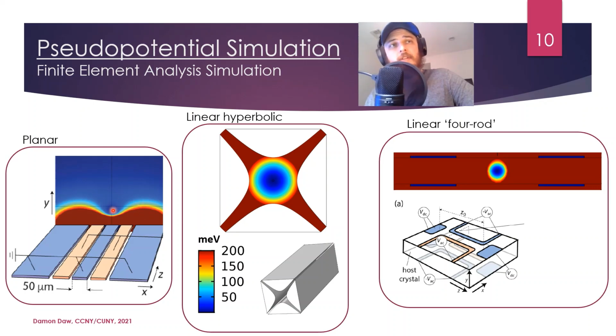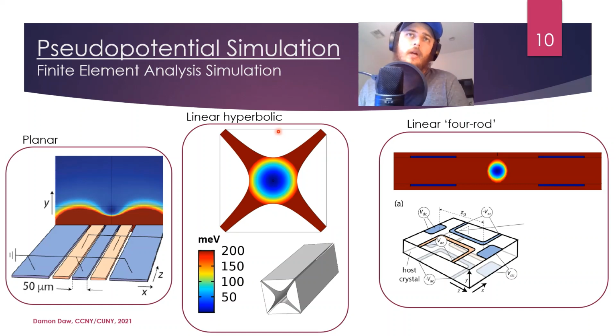It's pretty good on the sides, but these trap geometries generally have a lower depth in the vertical direction, so it's easy for high energy carriers to escape from traps like this. These can be convenient for different applications, but they confine ions relatively weakly.